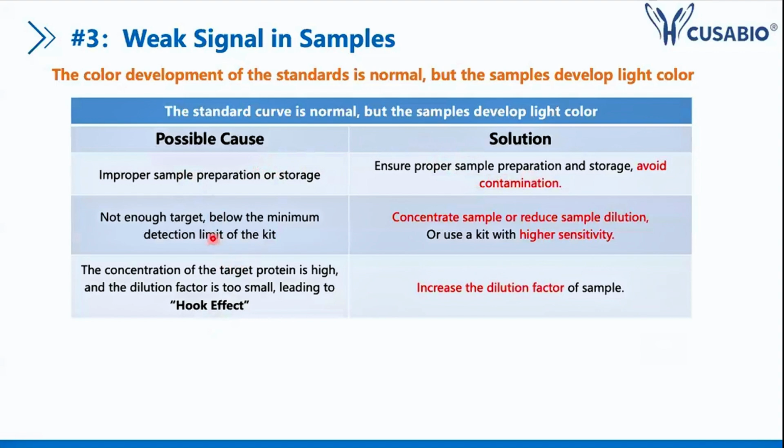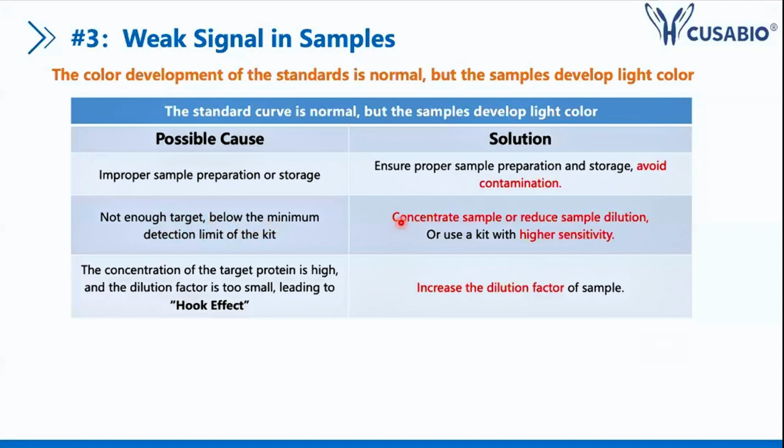The next possible cause is about the target concentration. As I showed you before, the kit is about interleukin-2, and we know that interleukin-2 in human serum always has a very low concentration. For these low concentration samples, sometimes the concentration is below the minimal detection limit of that kit.